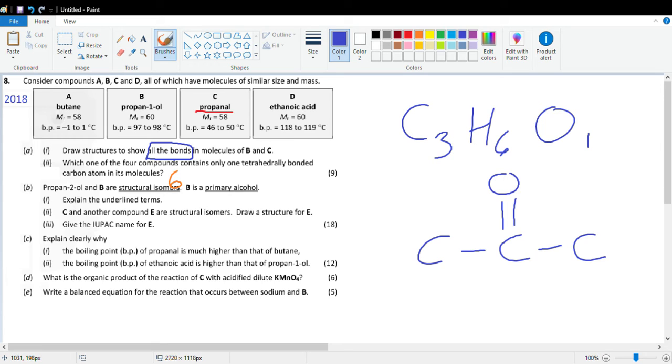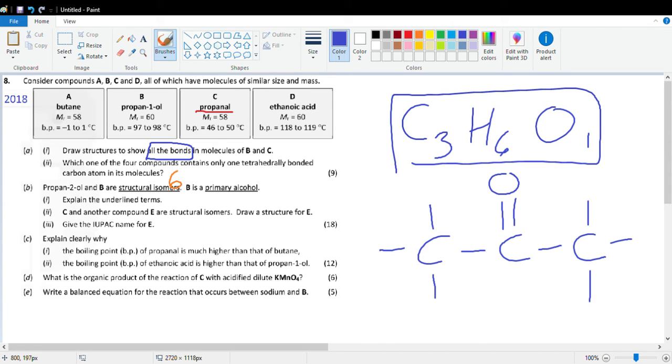In a ketone, the carbon with the oxygen on it is attached to only carbons. And if we fill in the blanks to make sure every carbon has 4 bonds, you can see that if you count that up, that structural formula also fits with this molecular formula.